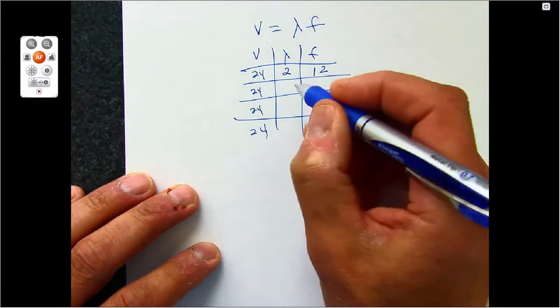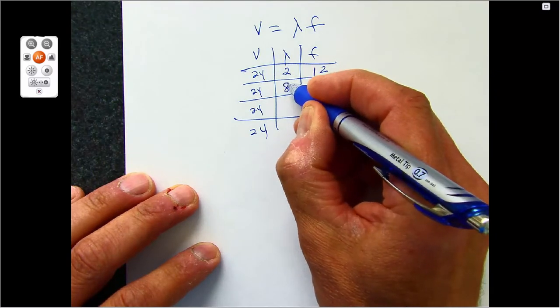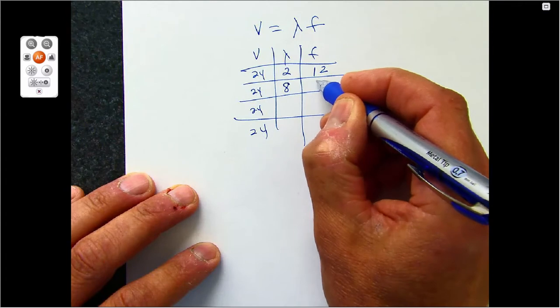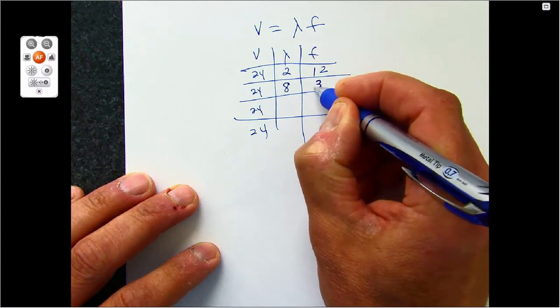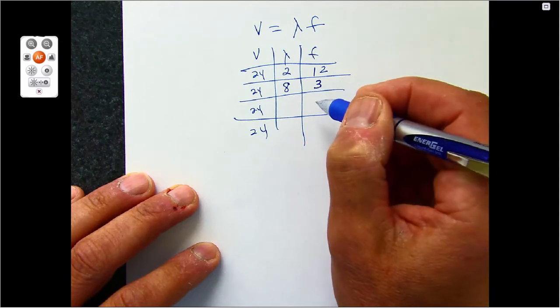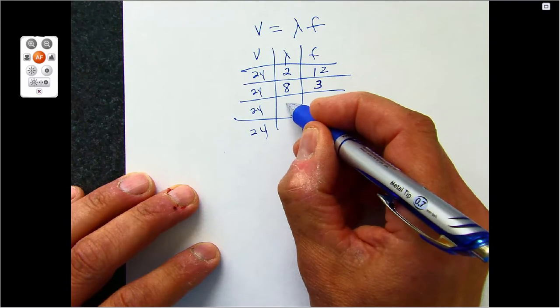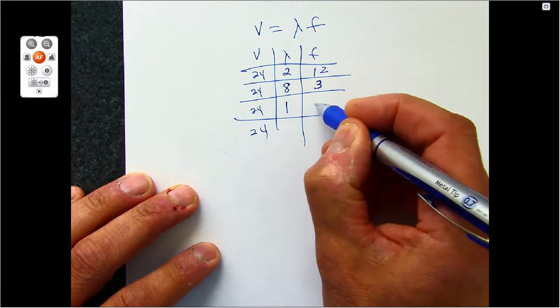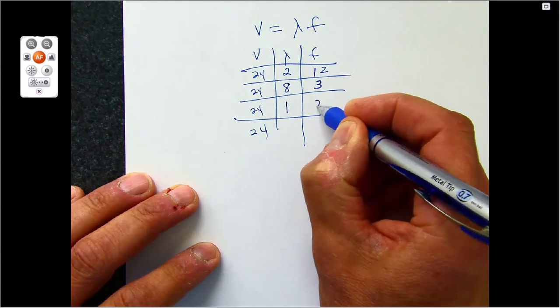Well, what happens if I change my wavelength? If my wavelength goes up to 8, what's my frequency have to go down to? 3, right? Let's say my wavelength goes down to 1. What's my frequency got to go up to? 24.